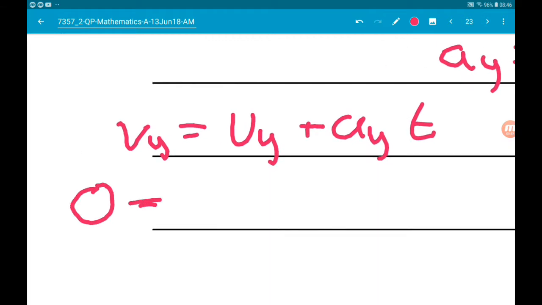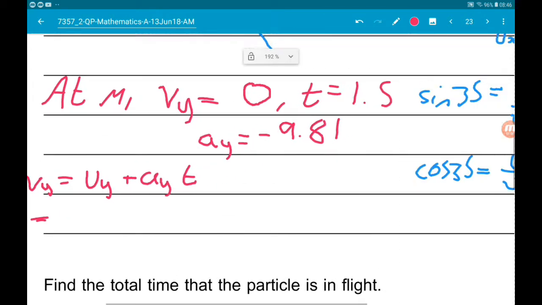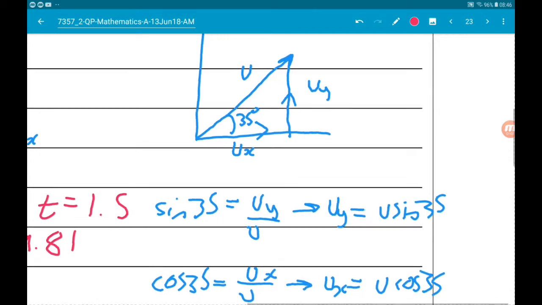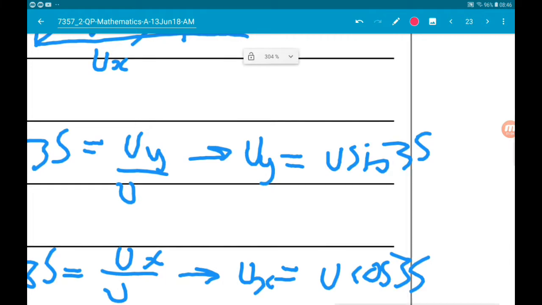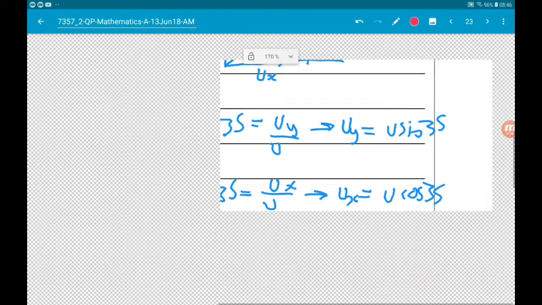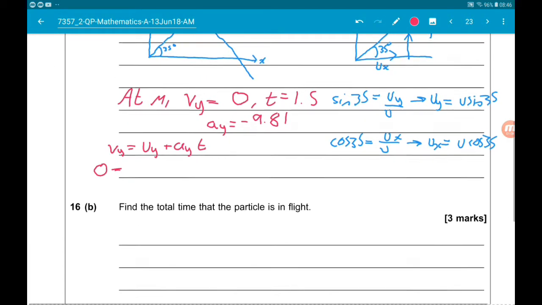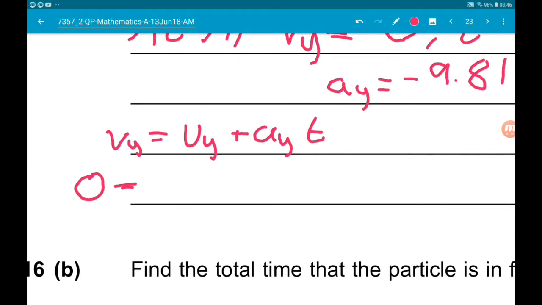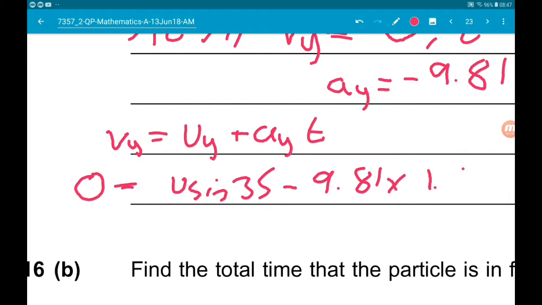Now we know u_y, from what we did at the start, is u sine 35. So 0 is u sine 35 minus 9.81 times 1.5.